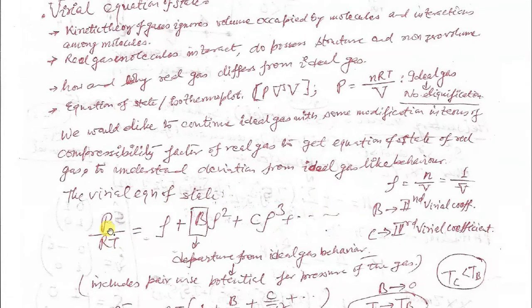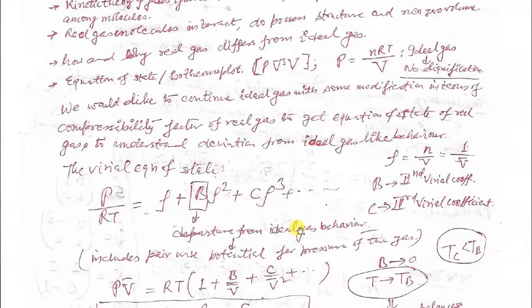This is a series where B and C are the coefficients, and rho is n upon V, the density. Here n is the number of moles and V is the volume, so the number of moles per unit volume is the density of your gas.